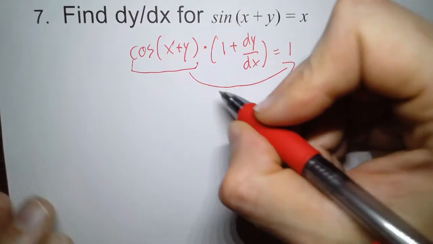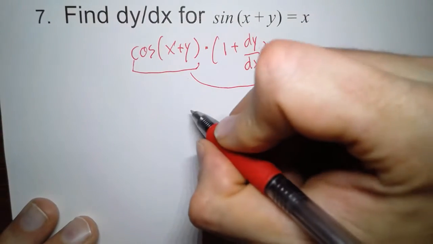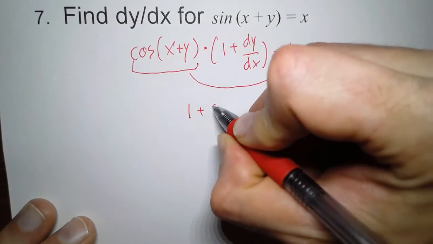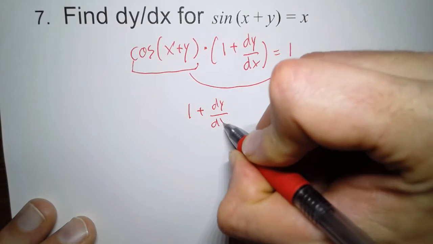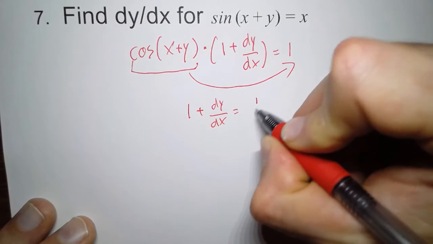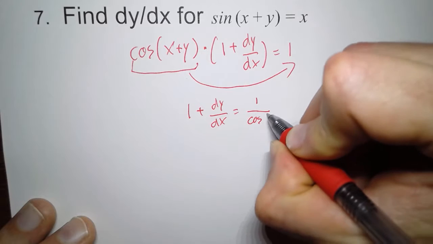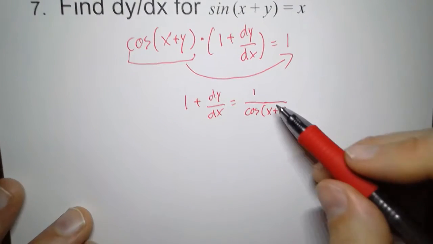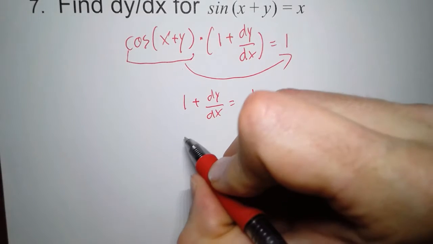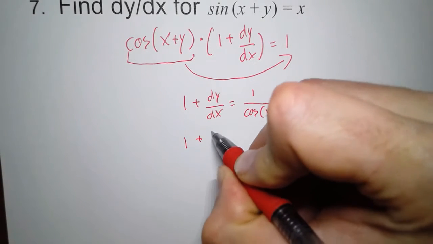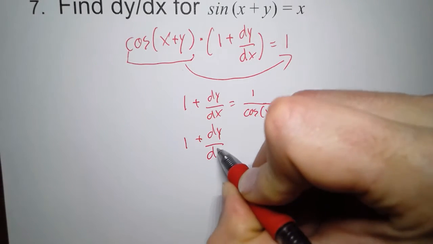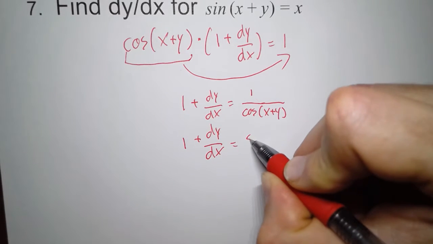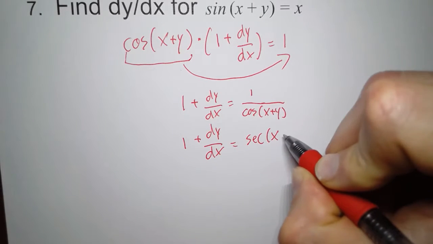We have to divide this quantity. So we have 1 plus dy/dx equals 1 over cosine of x plus y. Now for simplicity, we can rewrite that, because 1 over cosine is the same as secant of x plus y.